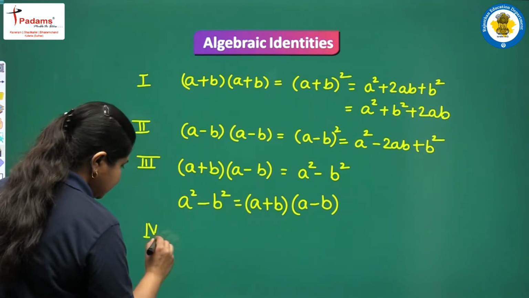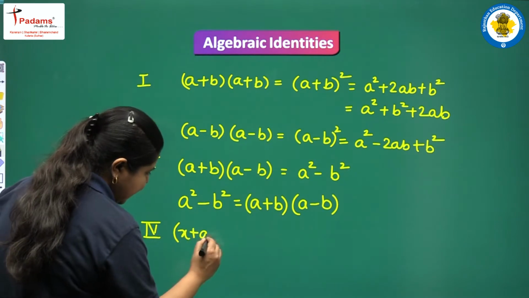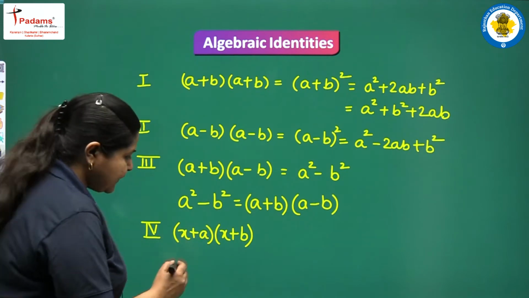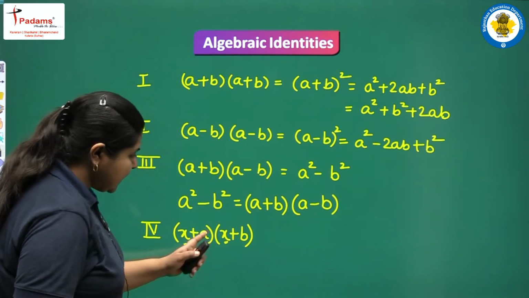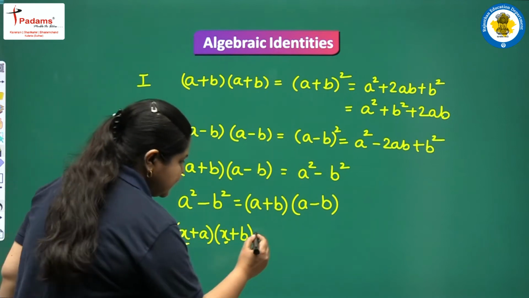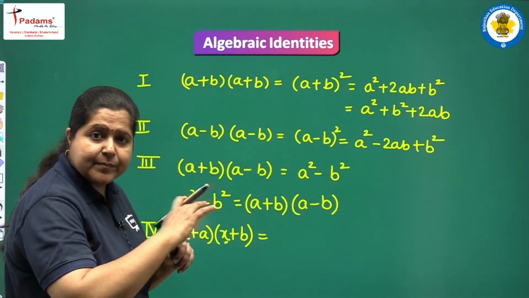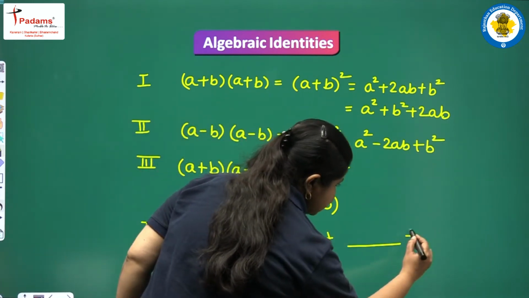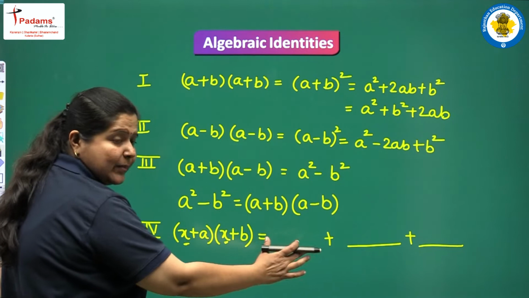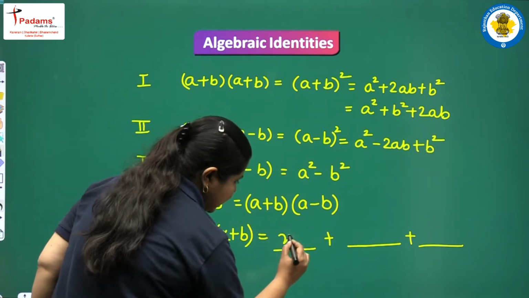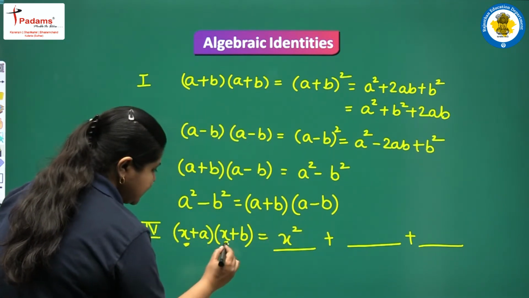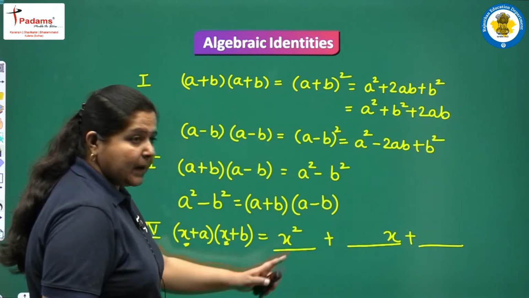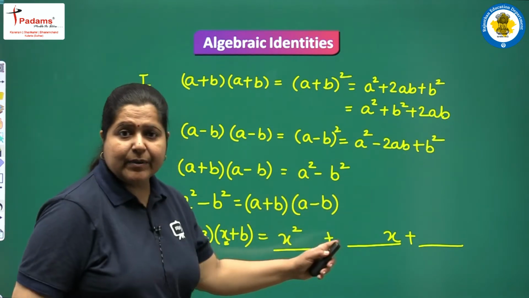And then we have the fourth identity where we have the expressions x plus a into x plus b. यहाँ आप देखेंगे दोनों बाइनोमियल्स में जो फर्स्ट टर्म है वो तो सेम है, but the other terms are not same, and this will be multiplied to give an expression which will be having 3 terms. देखिए 3 टर्म्स होंगी हमारे पास इस एक्सप्रेशन में, जो हम इनको मल्टीप्लाई करके हमें मिलेगा. और फर्स्ट एक्सप्रेशन में तो आप लेंगे स्क्वायर ऑफ दिस टर्म विच इज़ द सेम इन बोथ द केसेस. फिर आप सेकेंड टर्म में इसी को लेंगे विथ पावर 1, और थर्ड टर्म में ये वेरिएबल x नहीं आएगा.